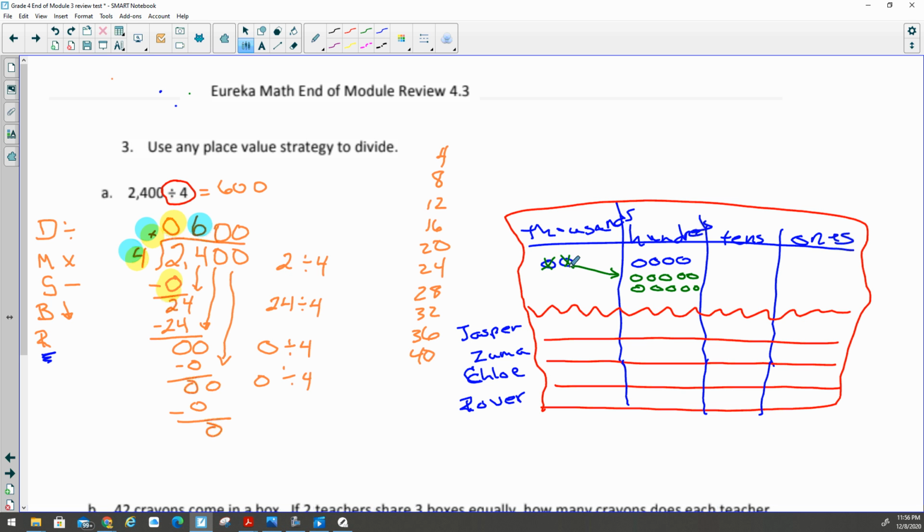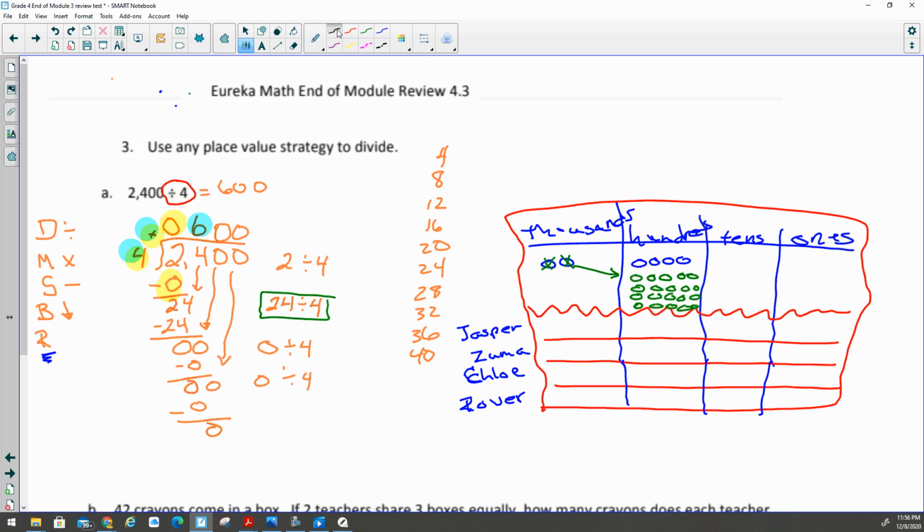And then we do it again for the second one. 1, 2, 3, 4, 5, 6, 7, 8, 9, 10. Notice that I now have 24 in the hundreds place, and that's exactly what we did here, is we had 24 and we divided it by 4.